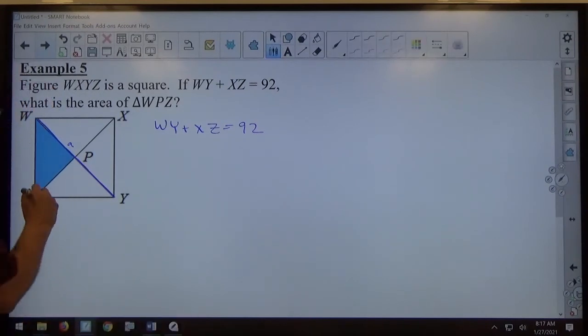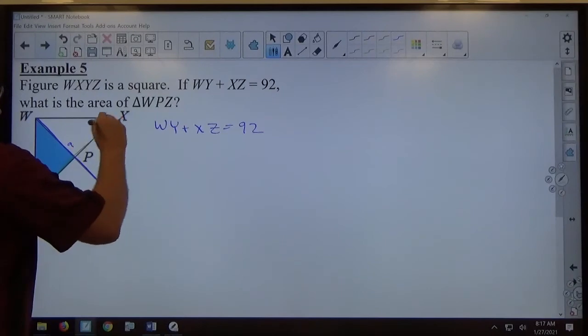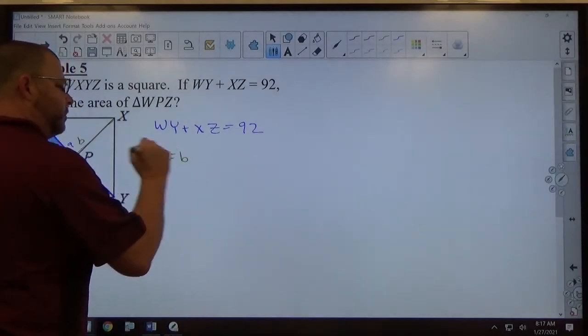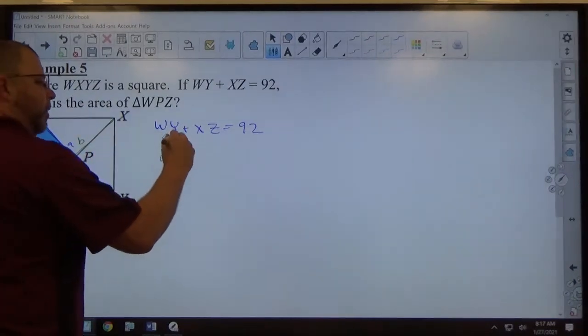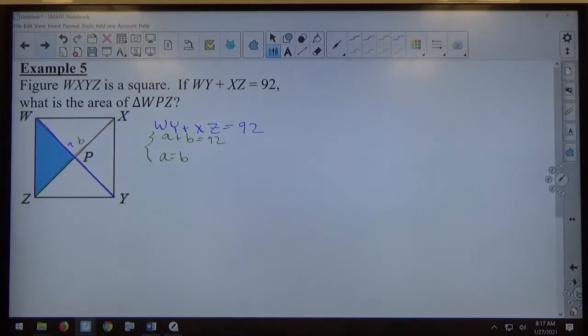And let's say that XZ, we'll call that B. We know that A equals B, right? We also know that A plus B is equal to 92. Basically, that's what we're looking at here in this problem. Calling them A and B just to have less letters to look at while we're doing the problem.